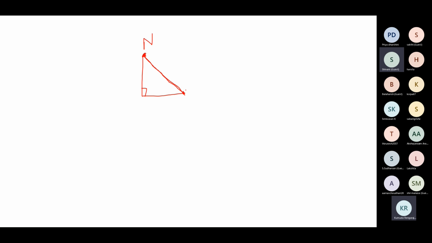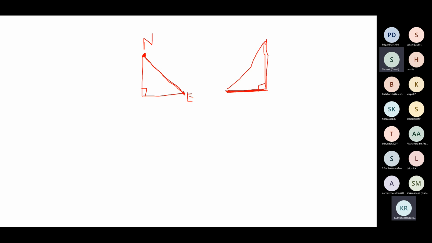North, east. So you can also take it like this. She's walking towards east and then she's walking towards north.